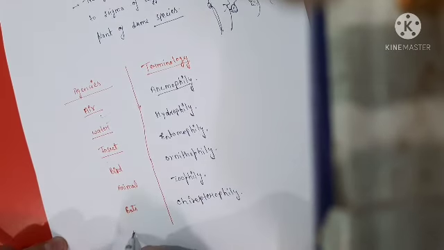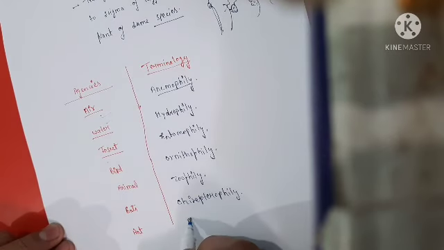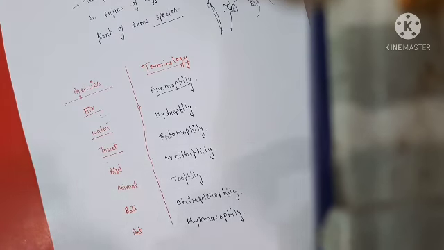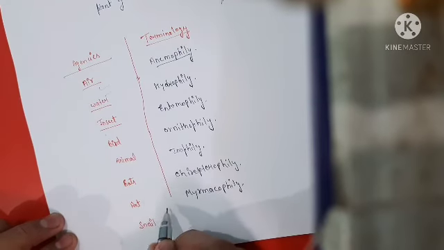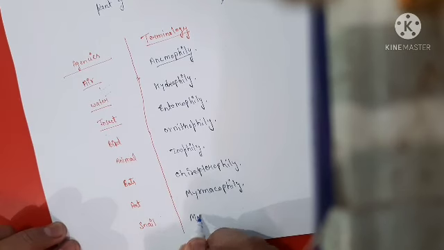If it takes place through ants, it is called myrmecophily. And last, if it takes place through snails, it is called malacophily.